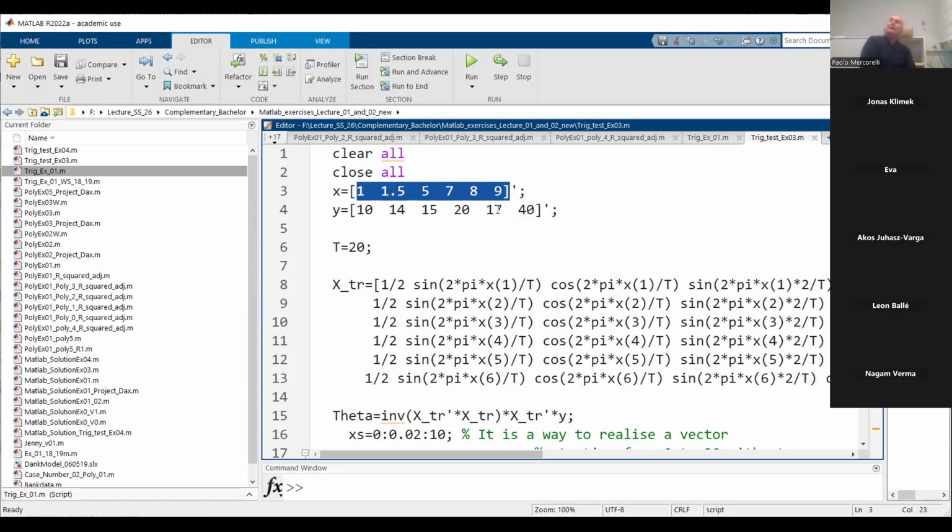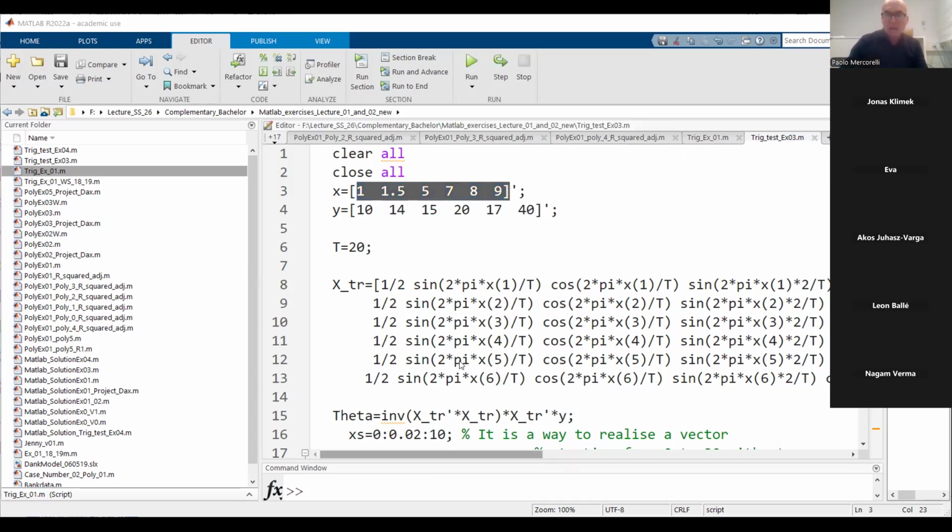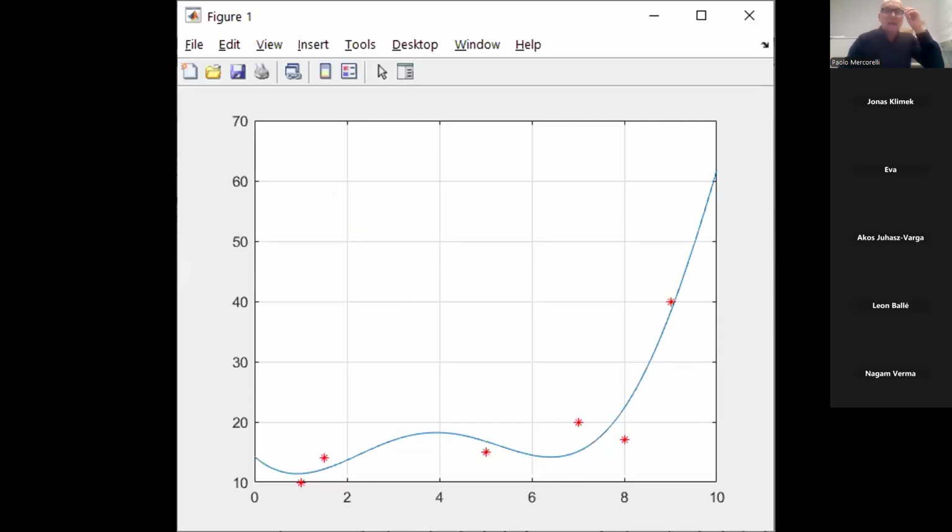If I put a relatively large t, look what happens. You calculate R square adjusted. I hope it's running. Yeah, look. Nevertheless, inside my domain between 0 and 10, exactly 0 and 9, we can see that the approximation is not so bad, because we assume that the data will be periodic somewhere.